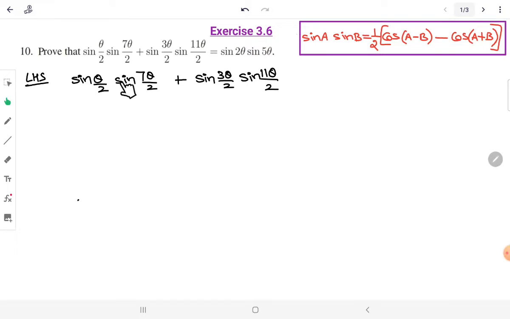Okay. So now let's apply this formula for the first two terms. So what we'll get? Half of cos(A minus B).